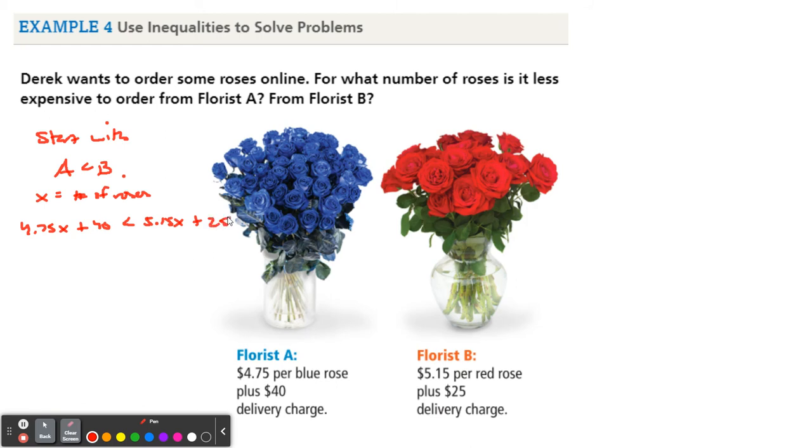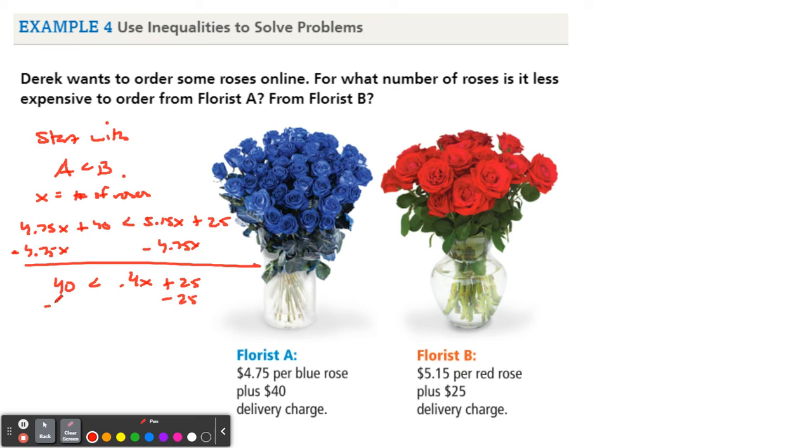Okay. So I don't see any like terms on the left or right-hand side, so let's go ahead and combine our x's across. Now this 4.75x is less than the 5.15x, so I'm going to subtract the 4.75x from both sides. So we get 40 is less than 5.15 minus 4.75, which is 0.4x, plus 25.